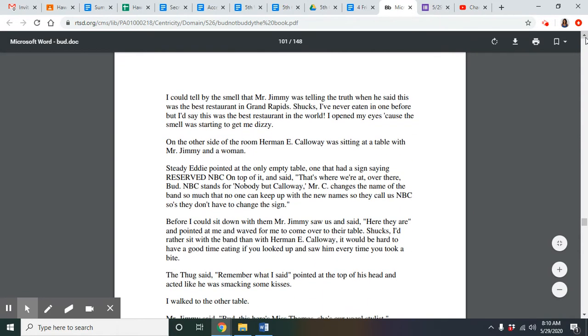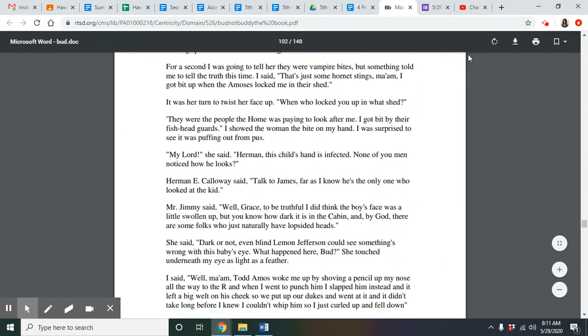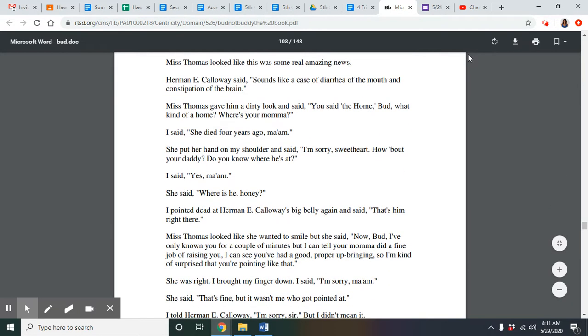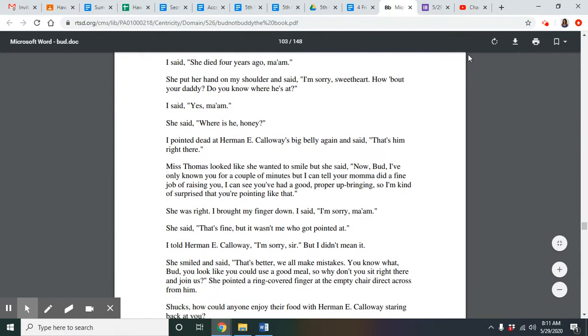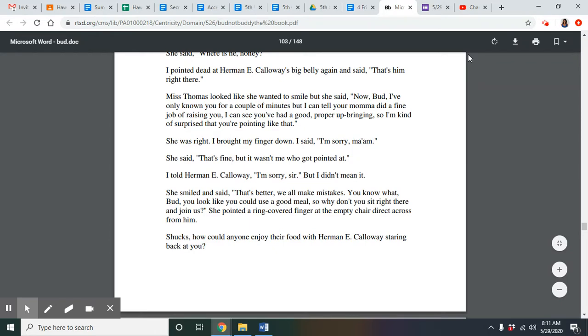So realize this big difference right here: Herman E. Calloway barely cared to even get to know him or why he's presented the way he is. And Miss Thomas is very concerned about Bud's well-being and making sure that he's fed and that the wounds are getting patched up, because right now he looks very raggedy at this moment.